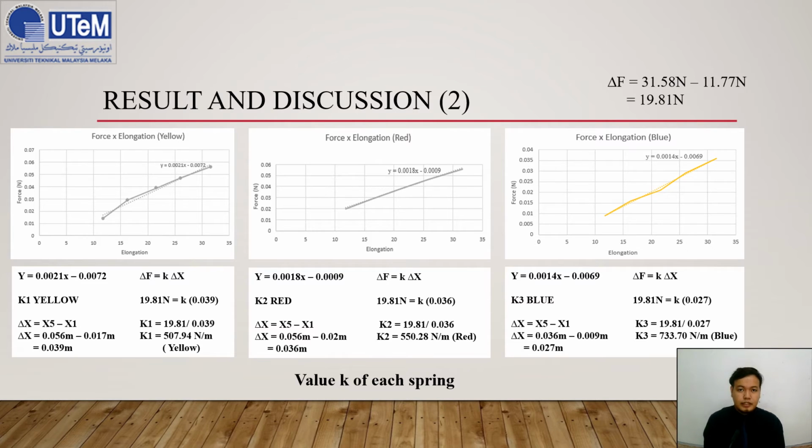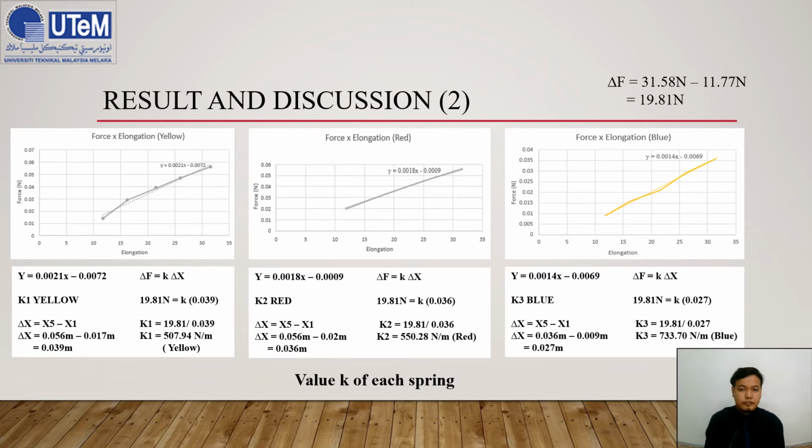As you can see, we can generate 3 graphs from the 5 values of each rubber band that we got from the previous slides. We will use the equation y equals mx plus c to get the value of the spring constant k. From the first graph, we got k1 as 507.94 Newton per meter, and the second one is k2, which is the red one.